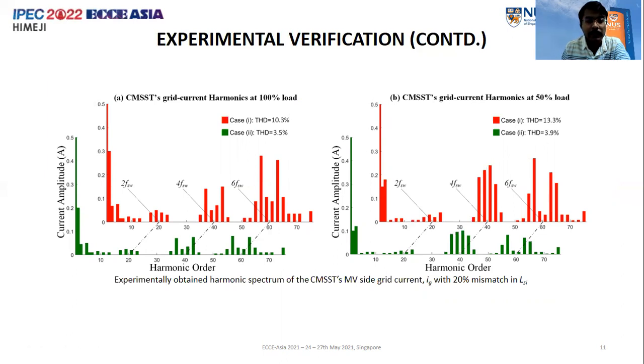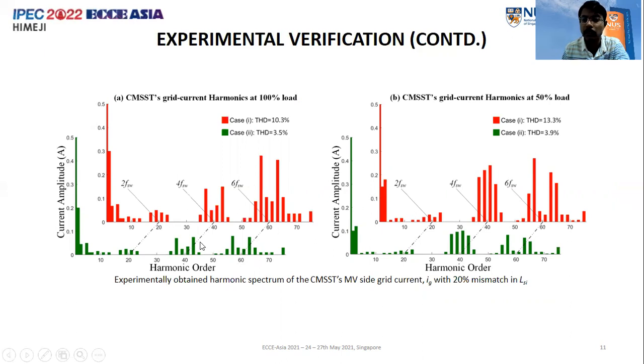Here it can be seen that the dominant harmonics are at 6 FSW, which is 2N FSW, because in our experimentation we have taken only 3 submodules for simplicity of explanation. And once the PBC is activated, all these harmonics are attenuated. A similar trend can be seen in 50% load.